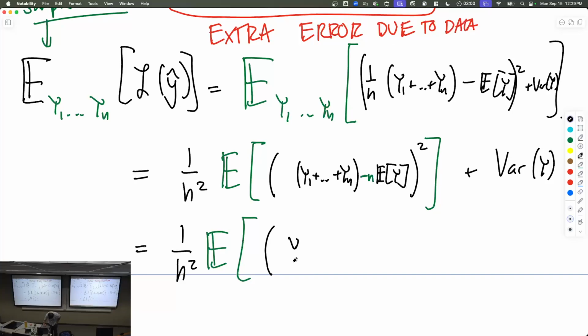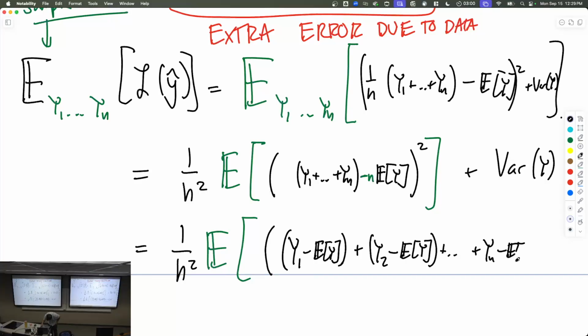It's y1 minus the expected value of y plus y2 minus the expected value of y plus dot dot dot plus yn minus the expected value of y. All that gets added together and then squared. And then we finish the expected value, and then we add on the variance from before. So in other words, instead of adding up n things and subtracting n times the constant, why don't you subtract the constant from each term individually?